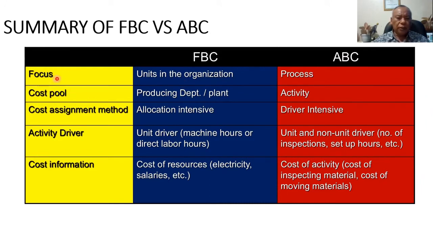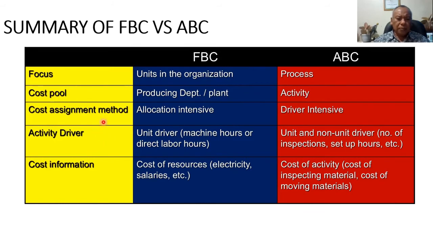Focus in functional-based costing is the organizational unit, while activity-based costing focuses on process. And then the cost pool: functional-based costing uses a producing department or plant because it is related to the organizational unit, while in activity-based costing, the cost pool is activity.